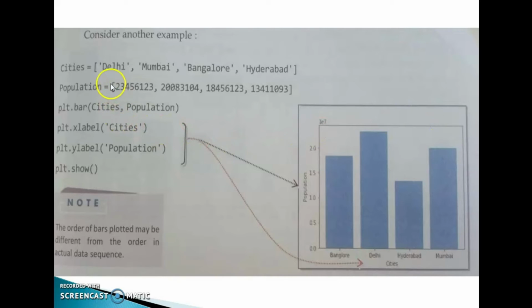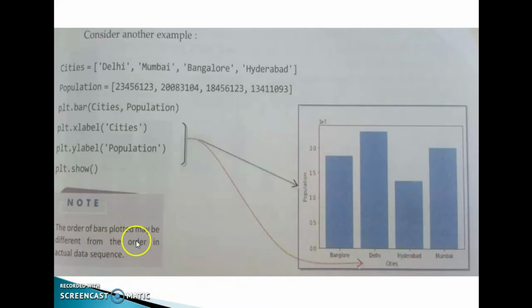Here first we used Delhi, Mumbai, Bangalore and Hyderabad. At the time of plotting this bar graph, it will take the ascending order of this particular list. Okay, clear?